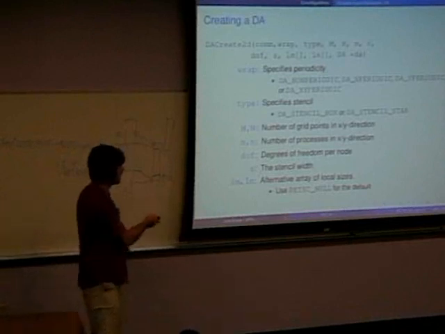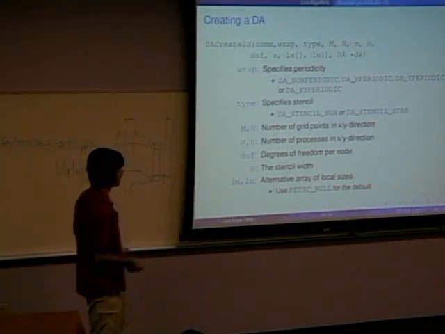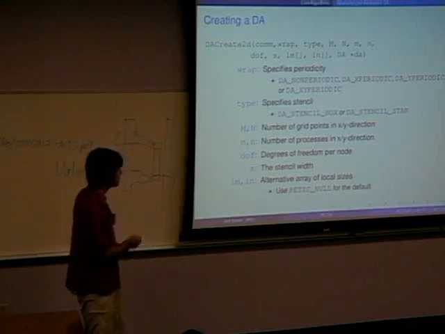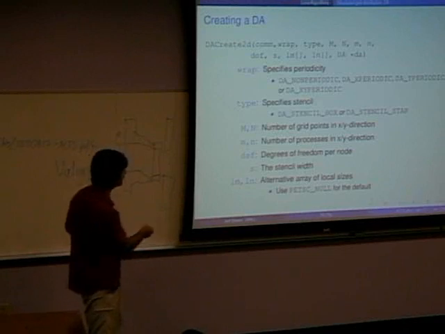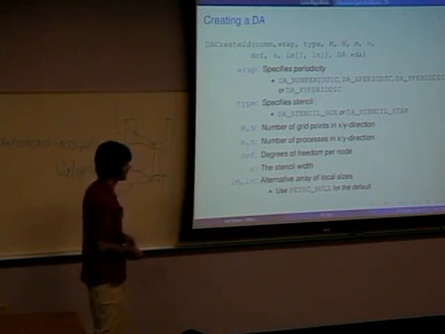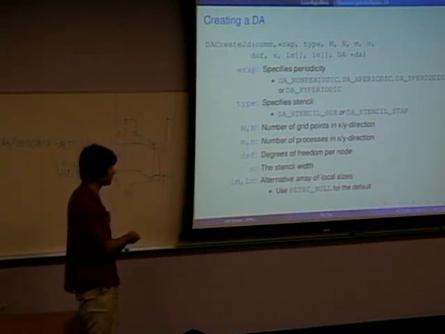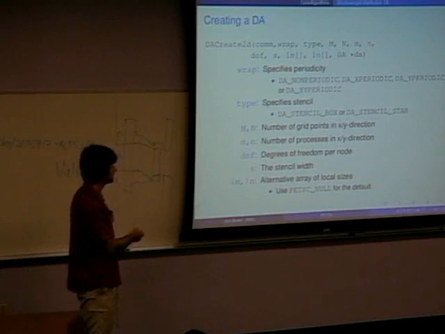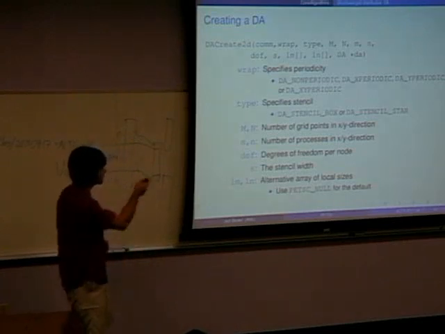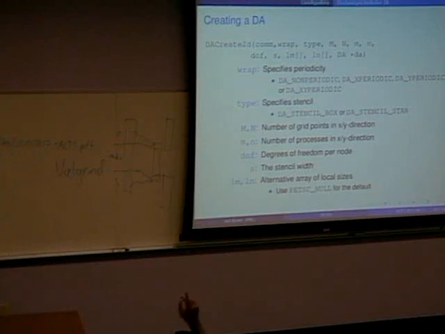So there was this box or star stencil, the number of points locally or number of processes, the number of degrees of freedom per node. And you can get finer grained control over exactly what the distribution is, but most examples don't use these last arguments. So the 2D and 3D version and 1D of this.